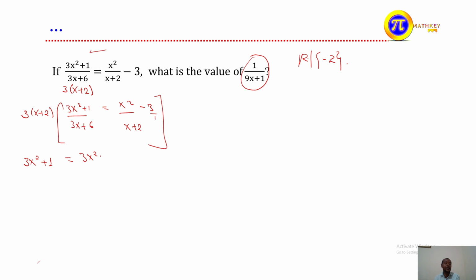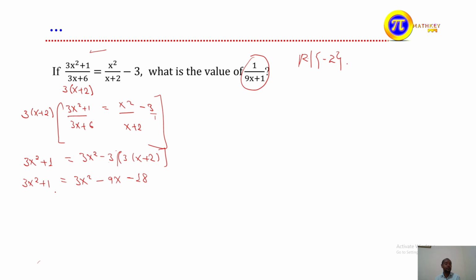Then -3 times 3 times (x plus 2). This is equivalent to 3x squared plus 1 is equal to 3x squared, then 3 times 3 is 9, so 9 times x is -9x, and -3 times 3 is 9, 9 times 2 is -18.